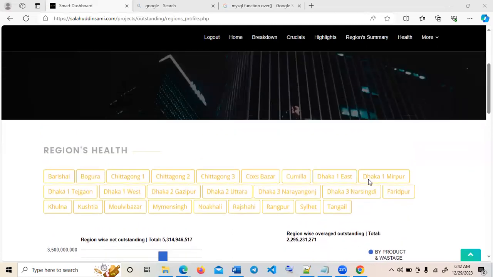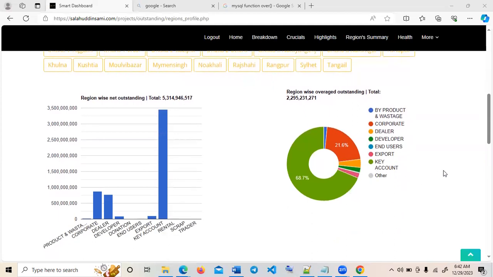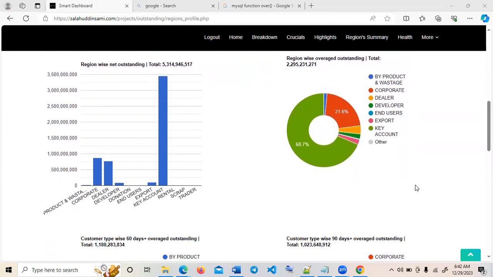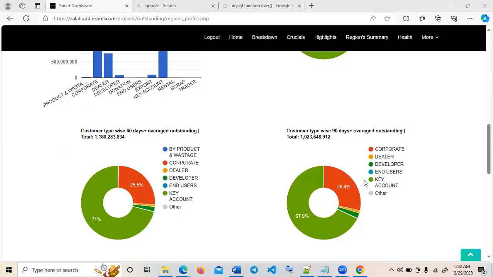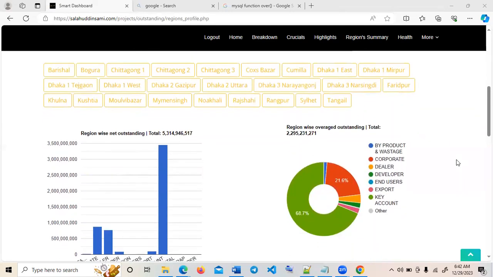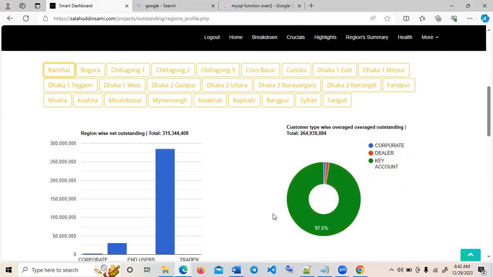It is helpful for the directors of the company to have a look at different types of customers, and how much they owe from them. For example, if we choose the region, we can see that it loads data from the database and then shows it.